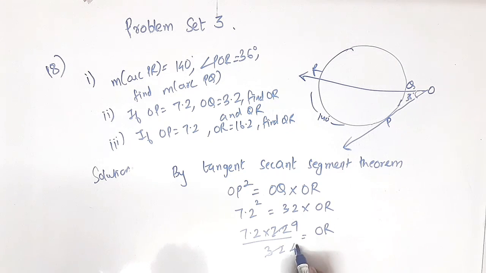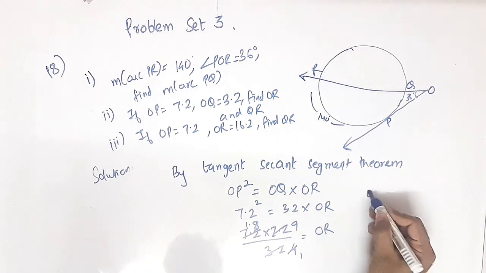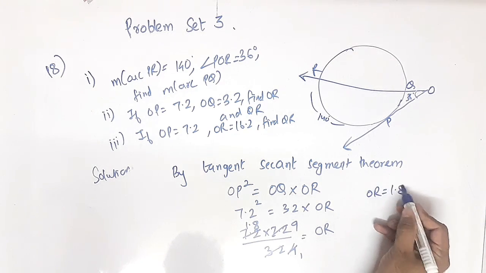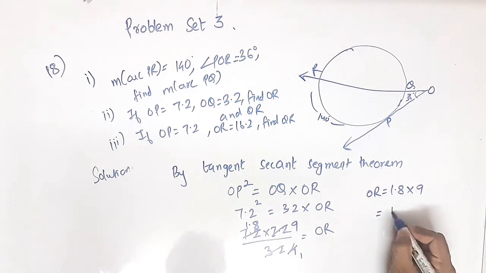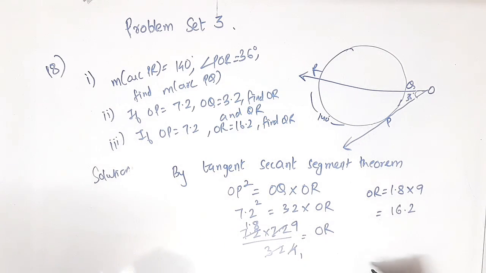And this will be 4 1s are 4, 4 18s are 72, but because it is 7.2, I have to write 1.8. So how much is OR? OR is 1.8 into 9. Can you say what is 18 9s are? 18 9s are 162. So I'll write here 16.2.